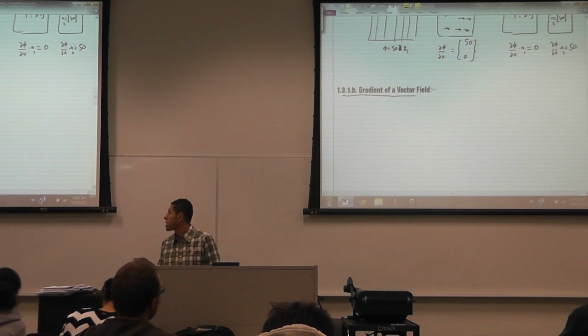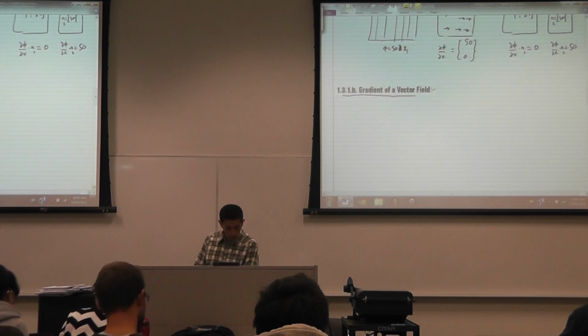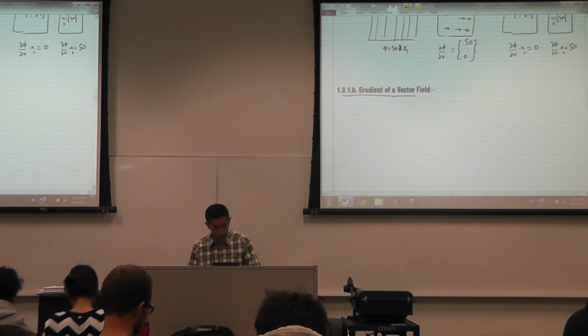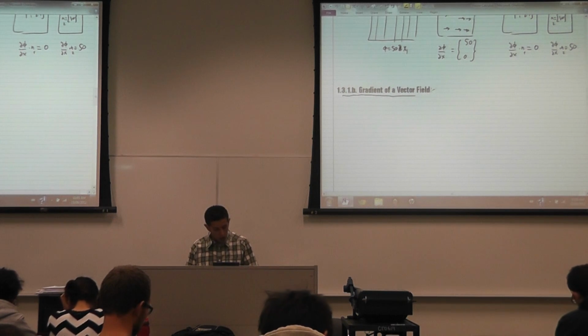Gradient of the vector field. The gradient of a vector field is described as follows.